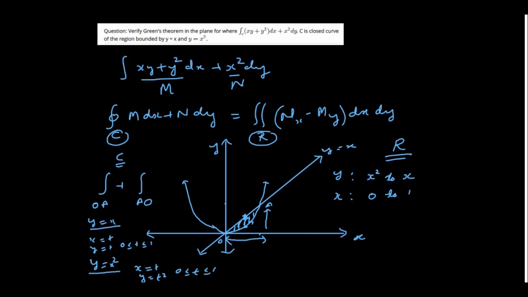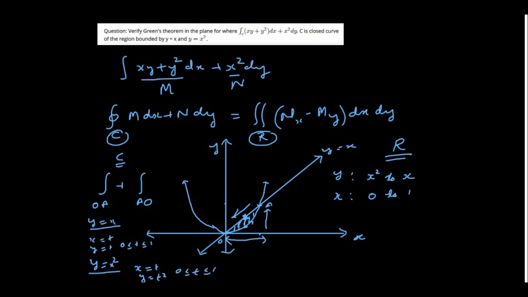And remember one thing, your curve has a direction. In the OA direction, you have 0, 0 to 1, 1. So for this curve, your integration limit should go from 0 to 1. But for the other direction, it starts from 1, 1 to 0, 0. So your point should go from 1, 1 to 0, 0.